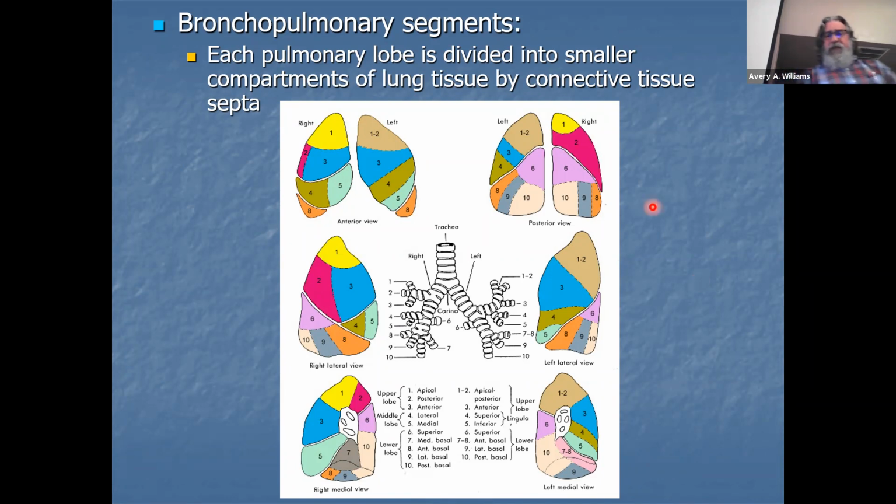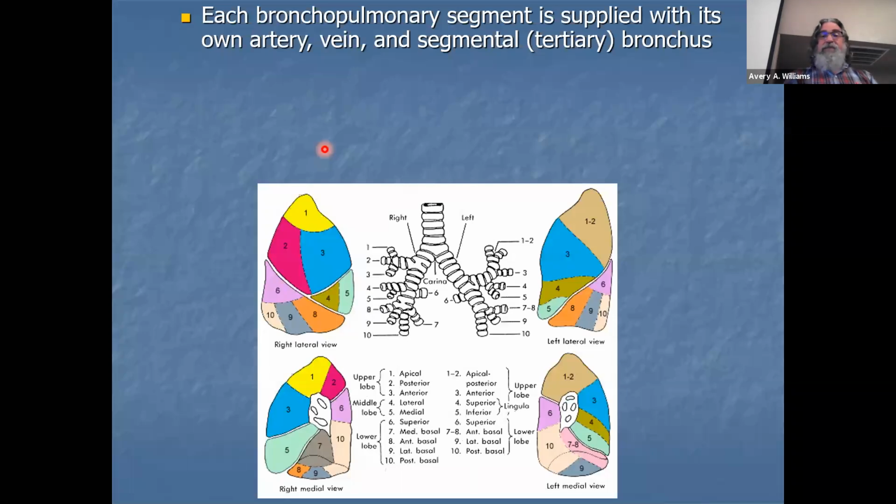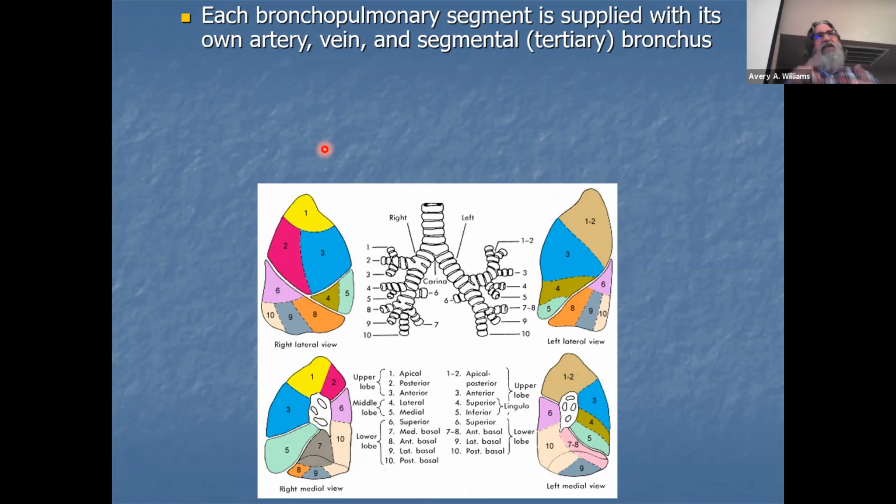This is all color-coded, but each one of these bronchopulmonary segments is like a separate little entity. It can be separated by the connective tissue boundaries that divide it. Each bronchopulmonary segment is supplied with its own artery, its own vein, and its own segmental or tertiary bronchus. Remember that? You have primary, secondary, tertiary, fourth order, fifth order, et cetera.